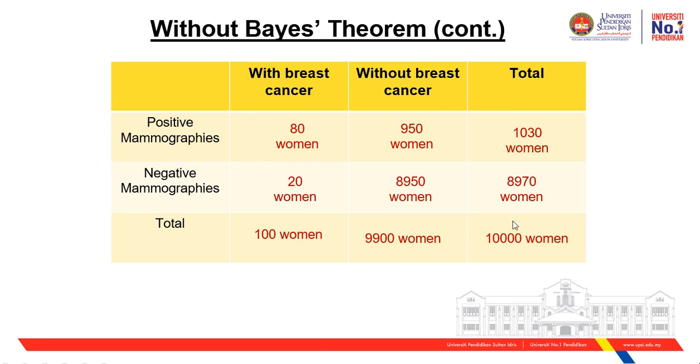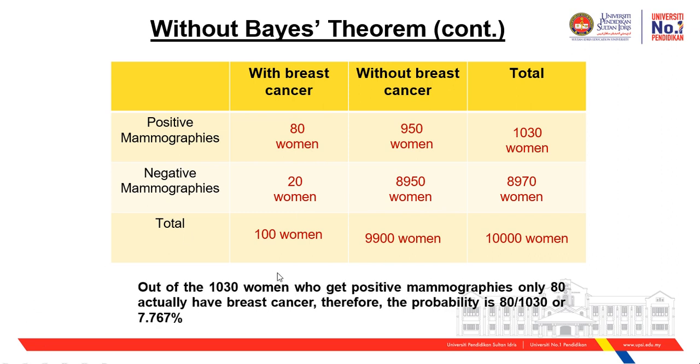So we have all the information here. The question asks you to find the probability of women with breast cancer given that they have a positive mammography. Out of those who have a positive mammography, 1,030, how many of them have breast cancer? 80. So the probability will be 80 divided by 1,030, which is 7.767% or 0.0776.